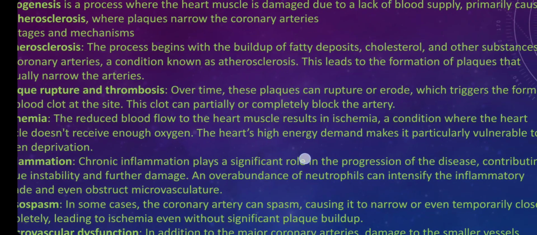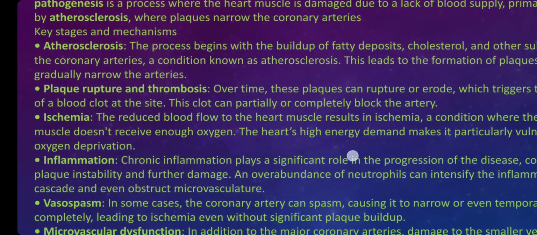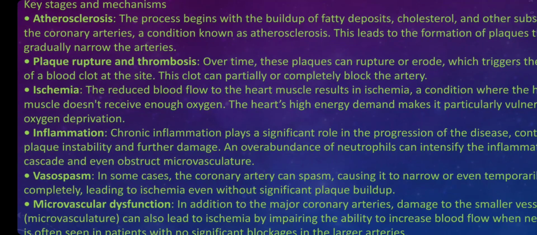The heart's high energy demand makes it particularly vulnerable to oxygen deprivation. So the muscles do not get a proper oxygen supply from the blood, and the heart muscles do not work properly. So that is ischemia. And then inflammation.